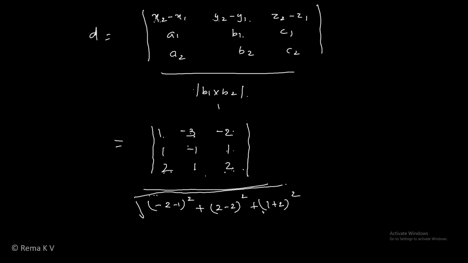Then using these two rows, we can write the modulus of b1 cross b2, that is minus 2 minus 1 the whole square plus 2 minus 2 the whole square plus 1 plus 2 the whole square. Is this clear?